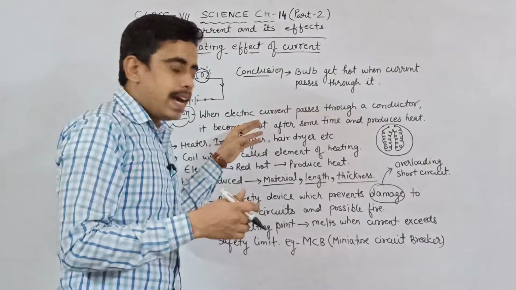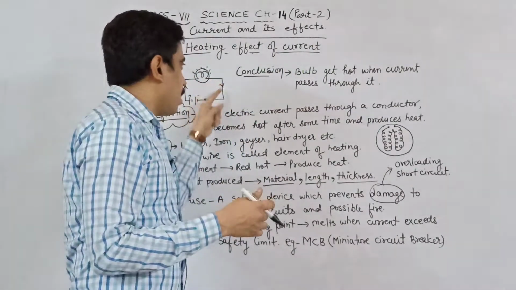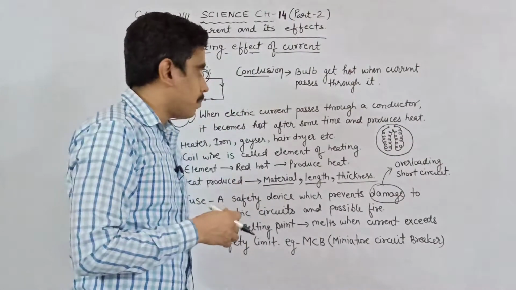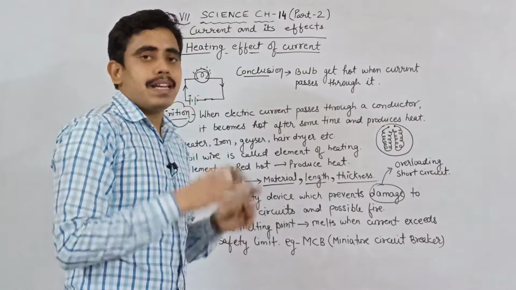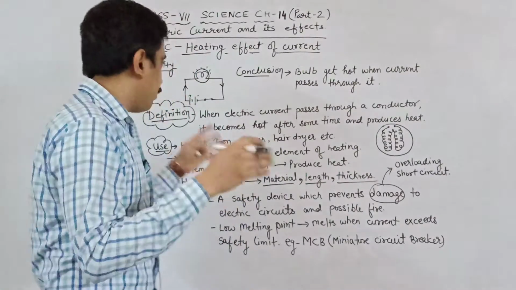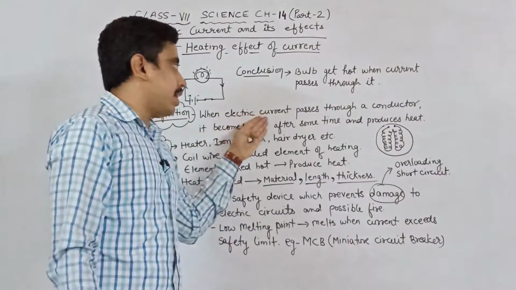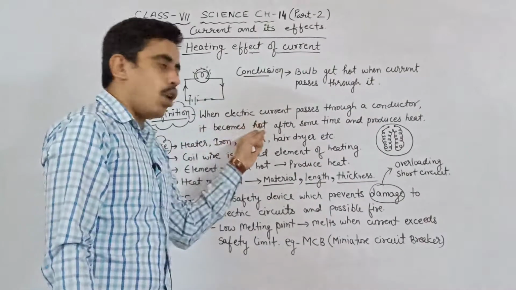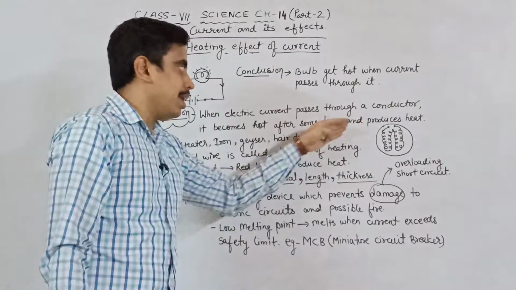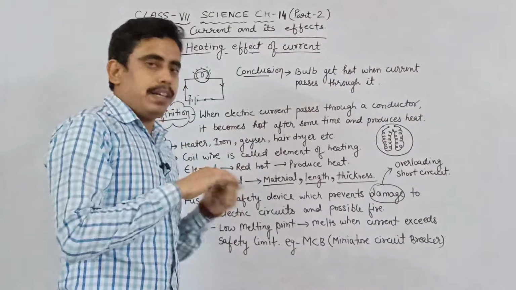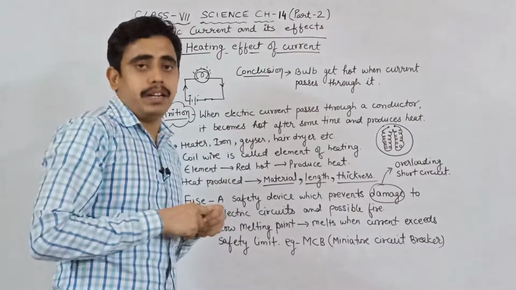When electric current passes through a conductor, the conductor becomes hot. This is known as the heating effect of electric current. It can be defined as: when electric current passes through a conductor, it becomes hot after some time and produces heat.